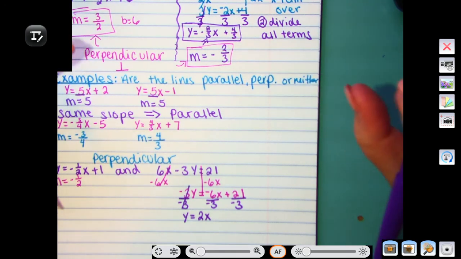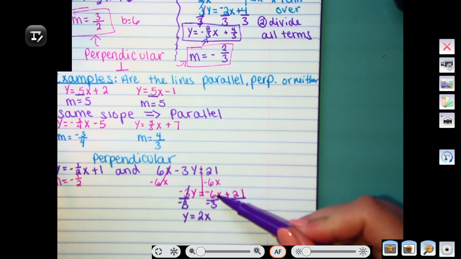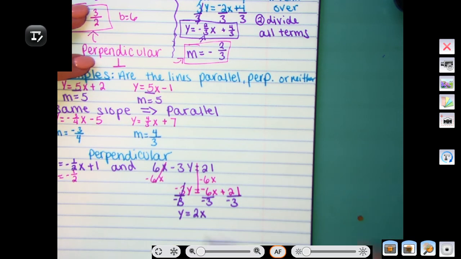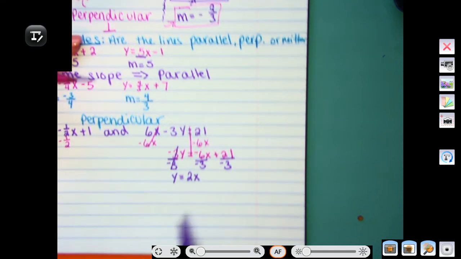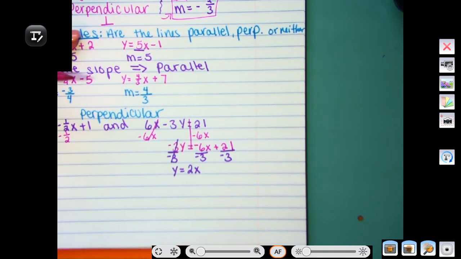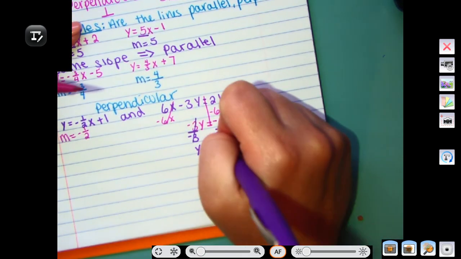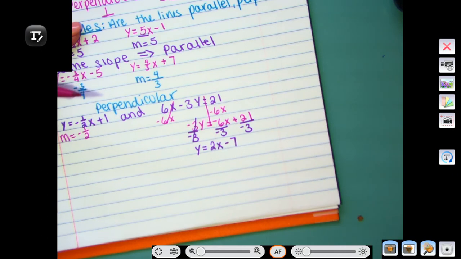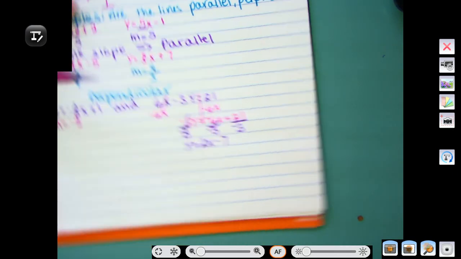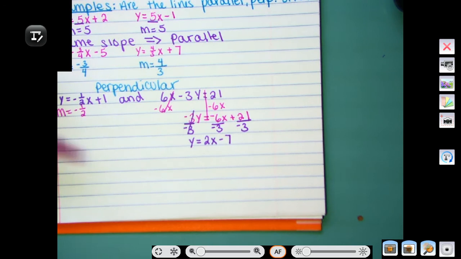I just leave it as negative 2 over 3. But down here, 3 does go into 6, so I can simplify that. If you can simplify, you always should. Always, always. So 6 divided by 3 is 2. And over here, 21 divided by negative 3 is negative 7. So minus 7.